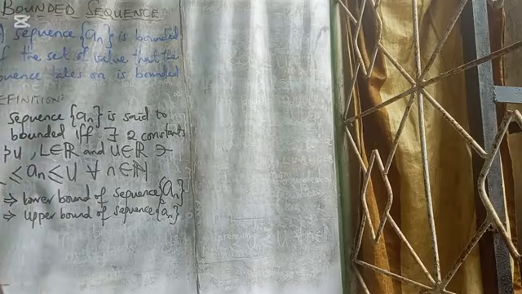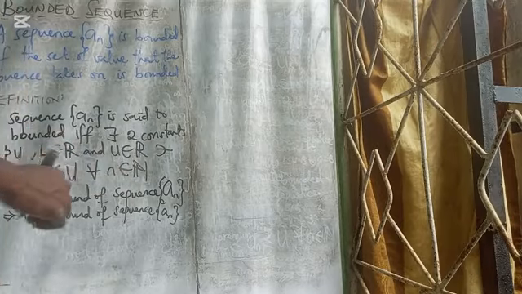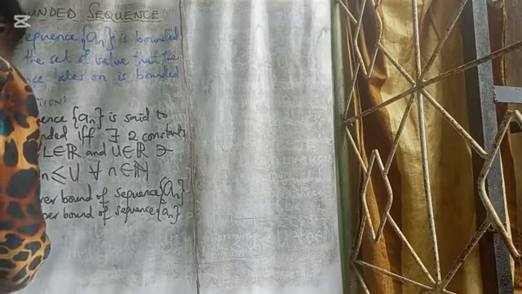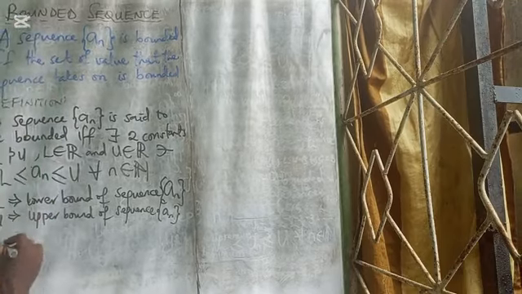That implies that for a sequence to be bounded, it must have both the lower bound and the upper bound.